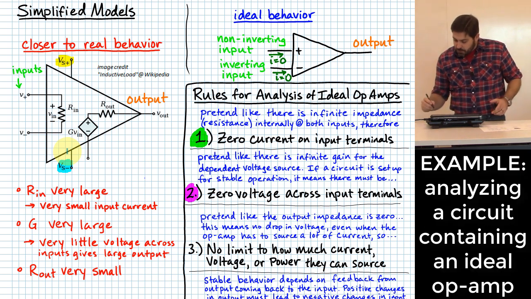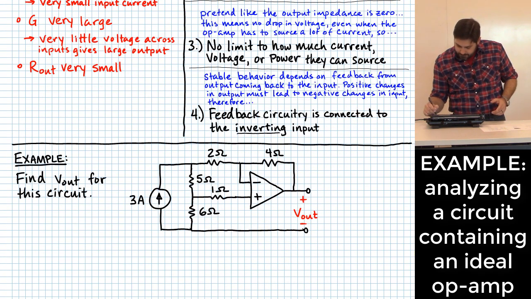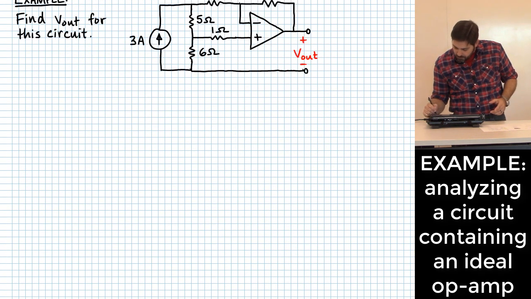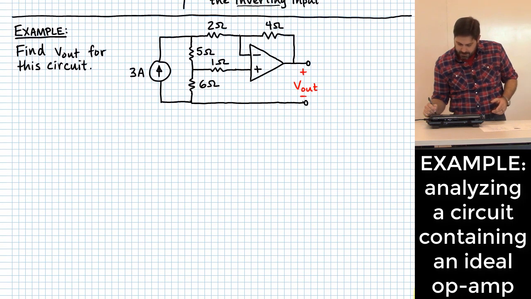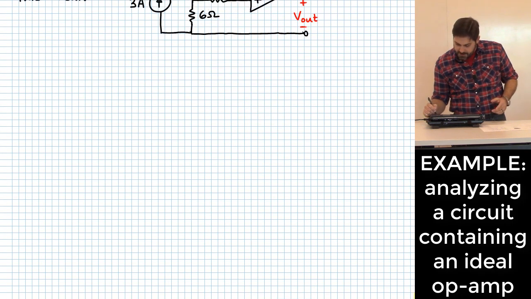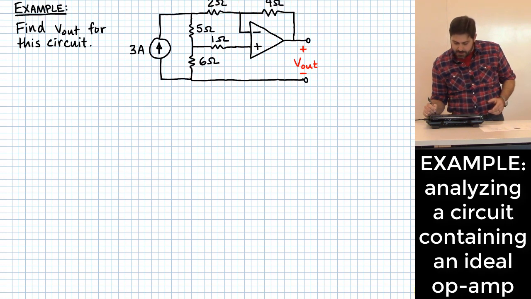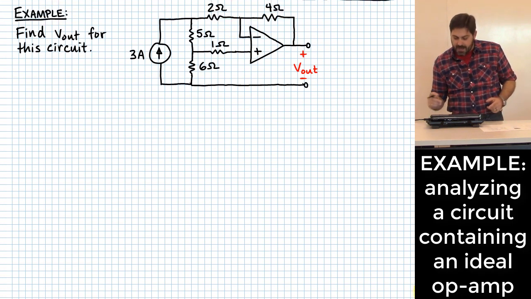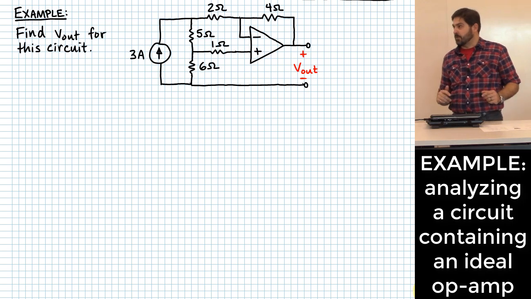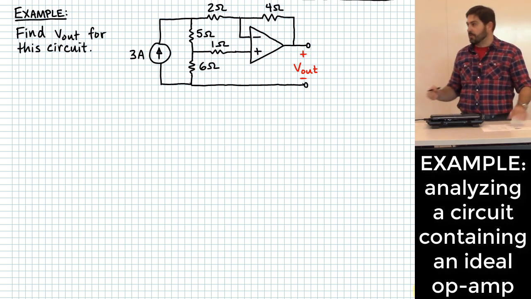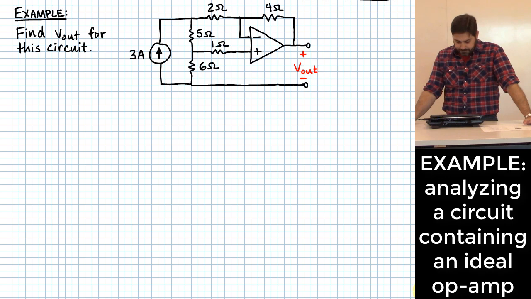All right, let's do a quick example using the rules that we just learned, okay? Now, in this example, you can assume that the op-amp that I put in this example is ideal, right? And that's going to be the case for all of the different problems that we work.